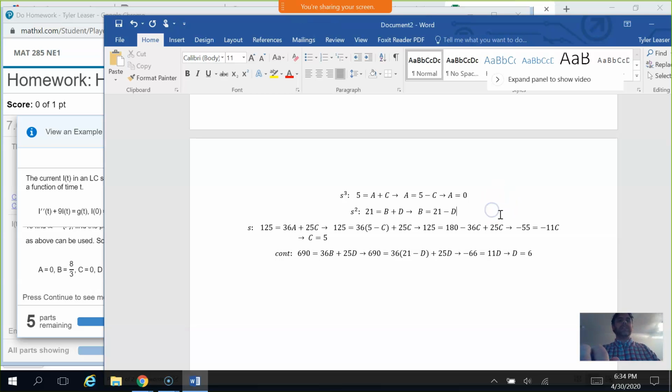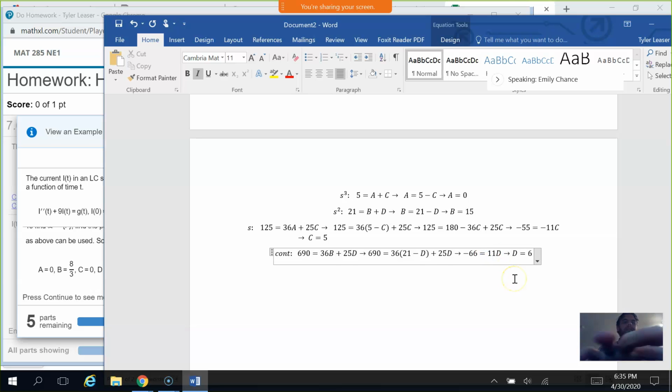And then if D is equal to 6, then B has to be 15. Okay, I hope that's right. It looks decent enough. They're at least whole numbers. I think it should be a negative 11. Ooh, okay. Because when you distribute 36, that's a negative. You're right. But that'll still give us a positive. Oh, yeah, you're right. Sorry, I was doing it in my head and didn't write it out right, but good catch.